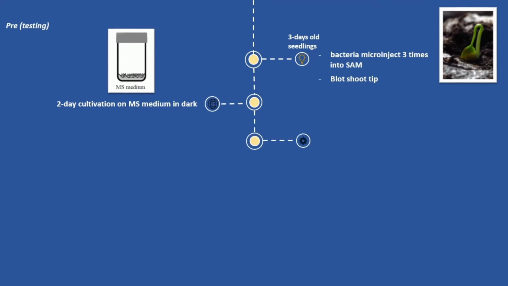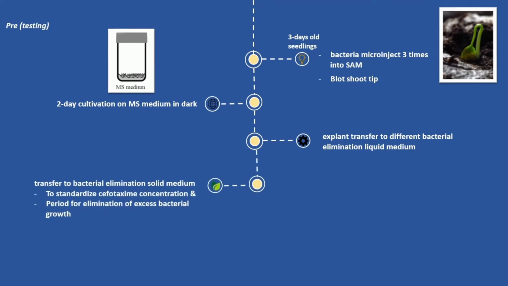The explants were transferred to different bacterial elimination liquid medium for different elimination periods, followed by transfer to bacterial elimination solid medium to standardize the cefotaxime concentrations and period needed for elimination of excess bacterial growth.